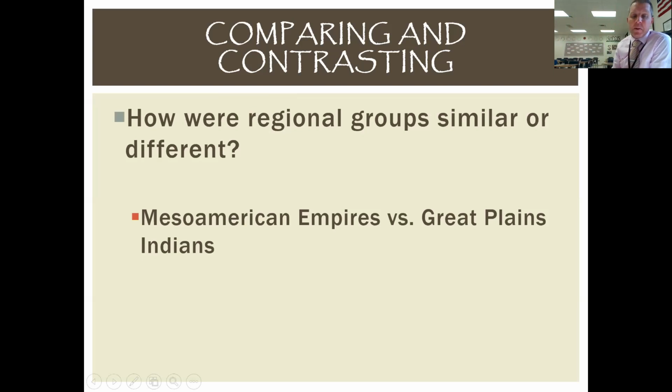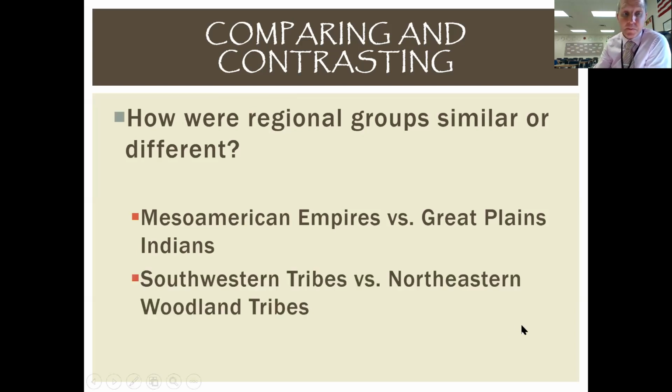So let's compare our Mesoamerican empires, our maize empires, versus the Great Plains Indians. Give me a similarity or a difference. By the way, difference is always easier. So if you really want to impress, look for a similarity. Okay, here's the next one. Our southwestern tribes, like our Pueblo or Anasazi, versus our northeastern woodland tribes, like Iroquois.